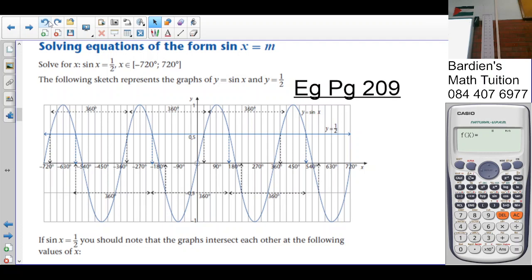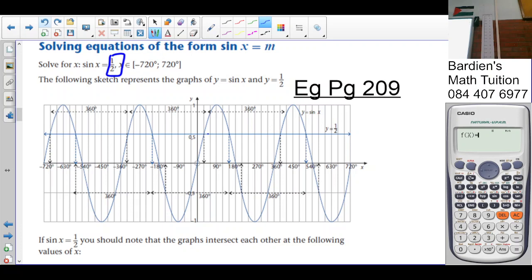So, as we are told here, the following sketch represents a graph of y is equal to sin x, and y is equal to a half. Why did we go with the half? Because of what we have. Okay. So if you look at this graph here, and I draw the line y is equal to half in here, what do you notice?